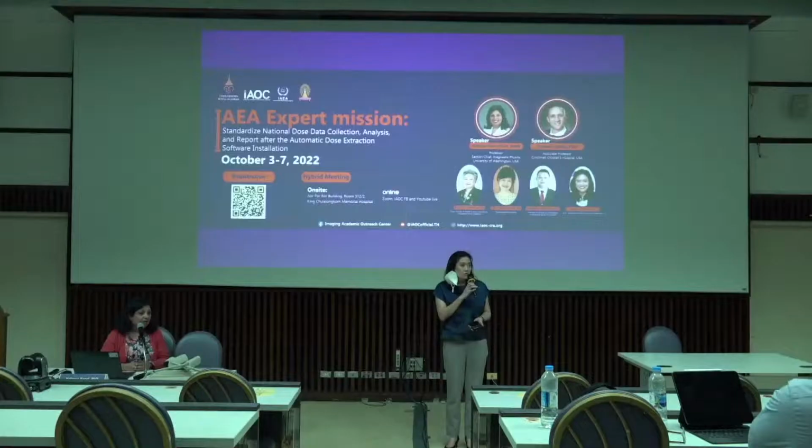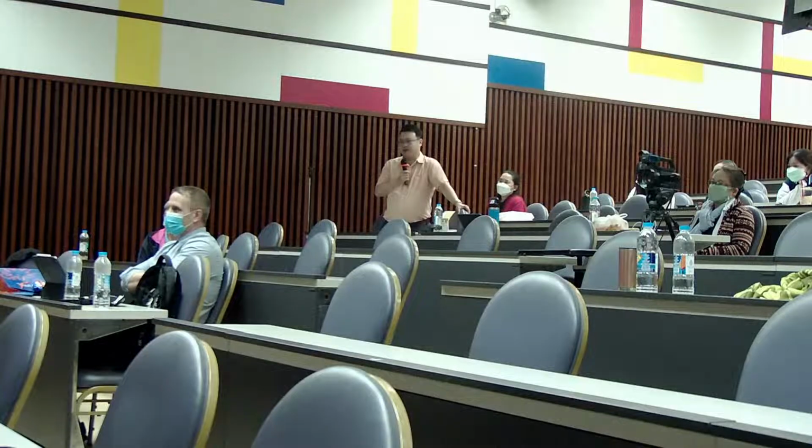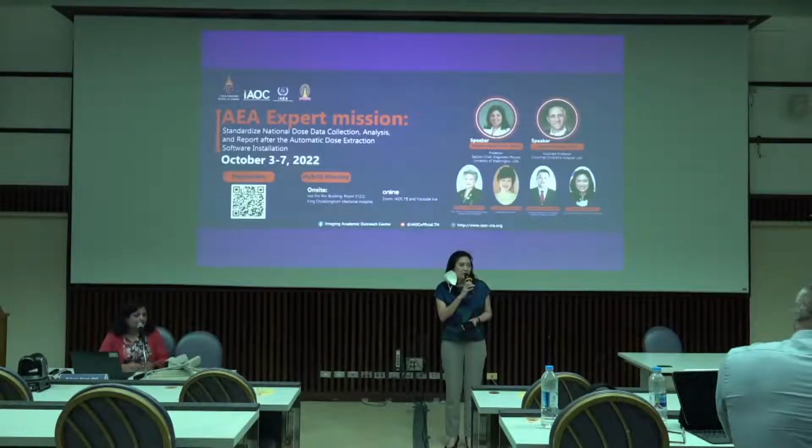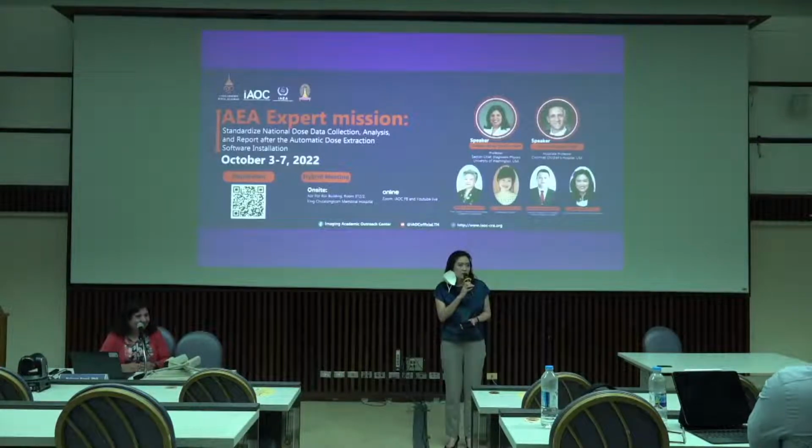So it just depends on the hospital, and on whether they have physicists to do it or not. So for the whole country, how many hospitals have a dose alert level set, I don't know.